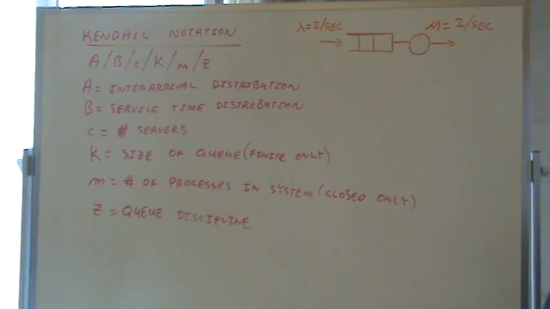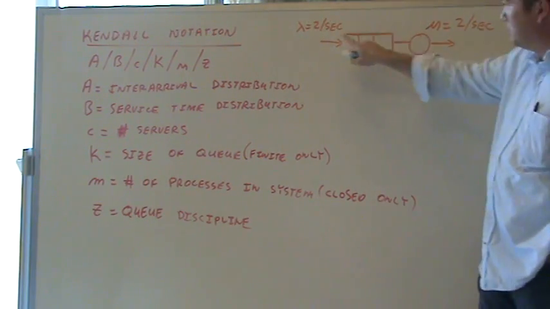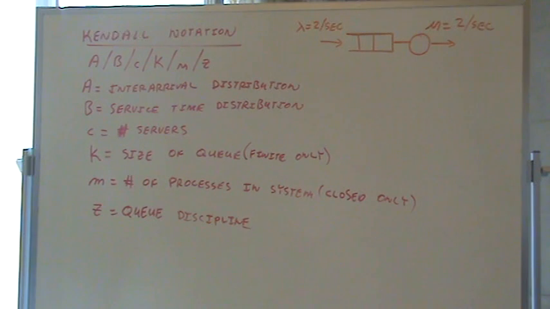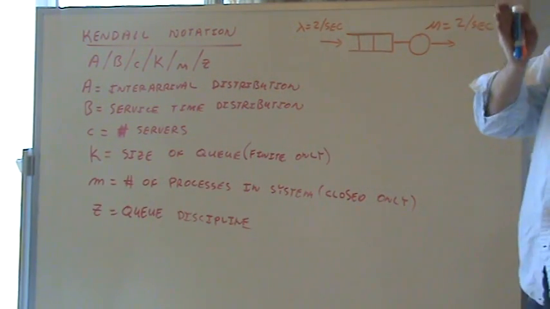Let me ask the question this way: is there a way that you could keep these numbers at two per second, but if you had control over when people can arrive and not arrive, can you organize it so that nobody ever waits? So, for example, suppose people showed up at exactly once every second.